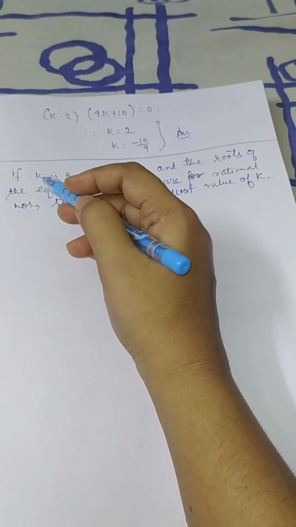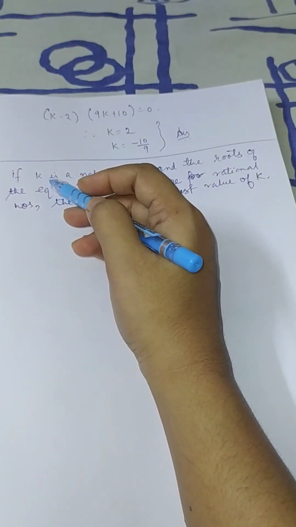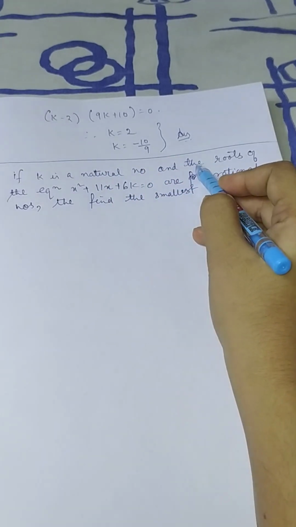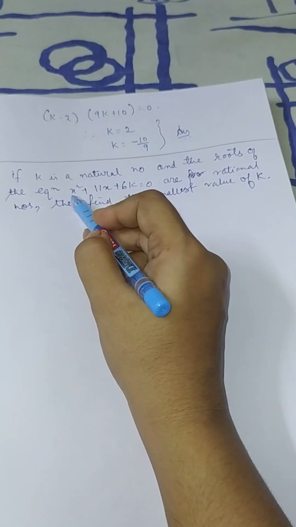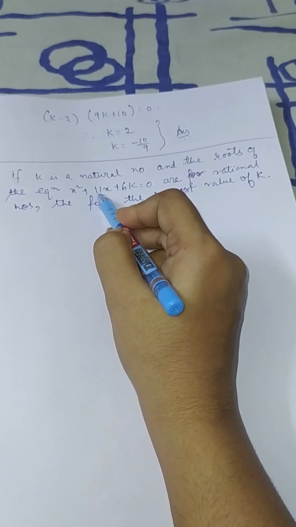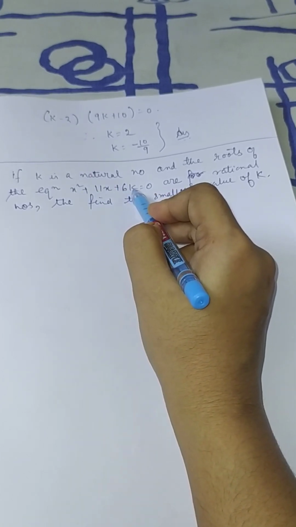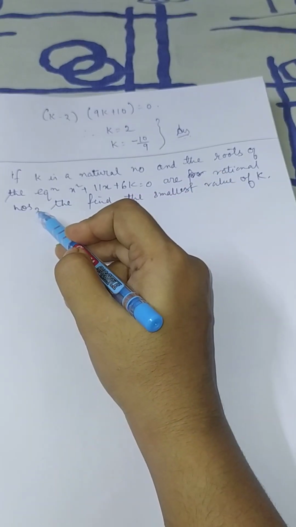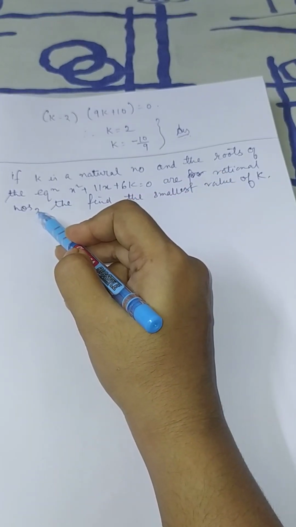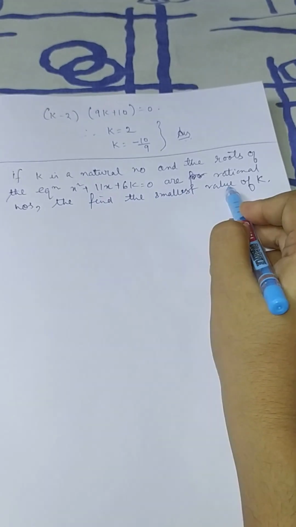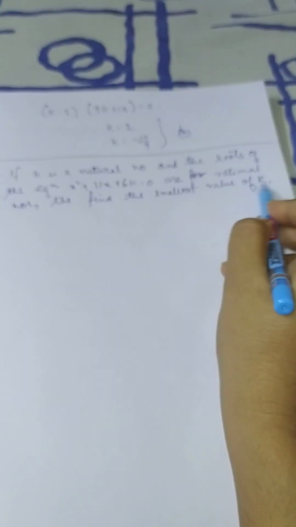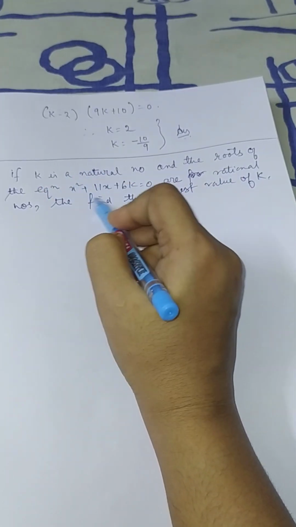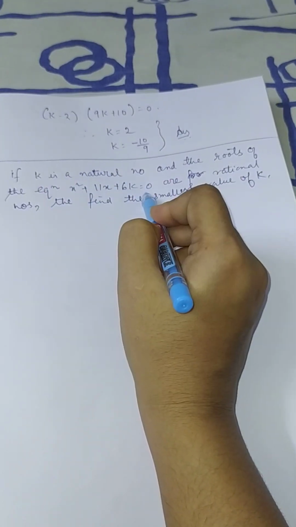Now the second question is like this: if k is a natural number and the roots of the equation x square plus 11x plus 6k is equals to 0 are rational numbers, then find the smallest value of k. So here also the question has two parts.